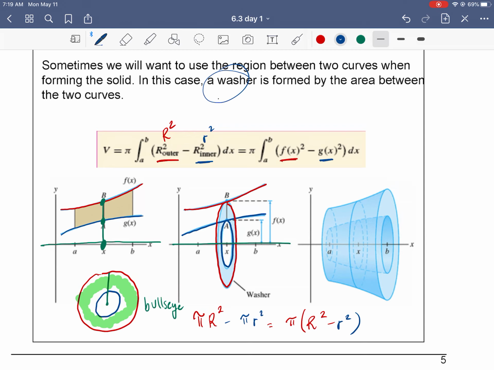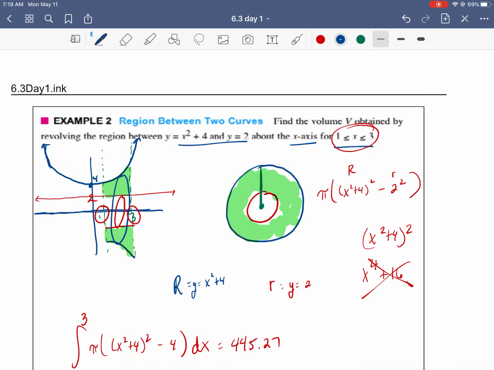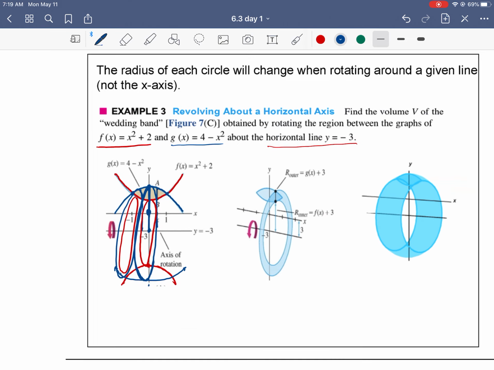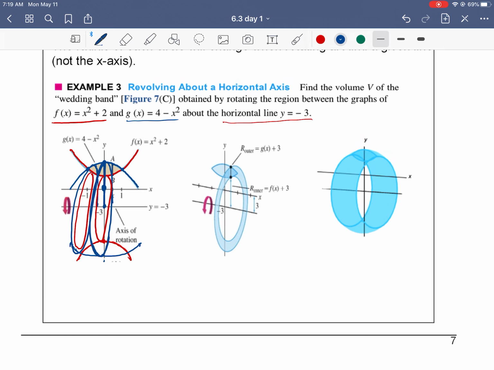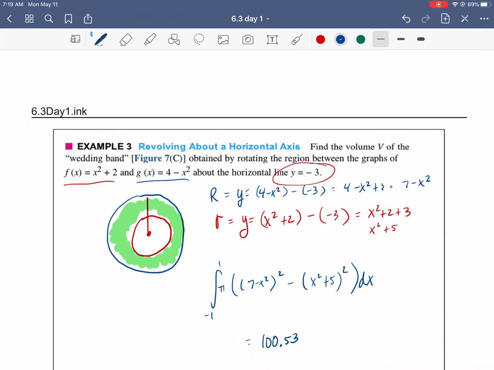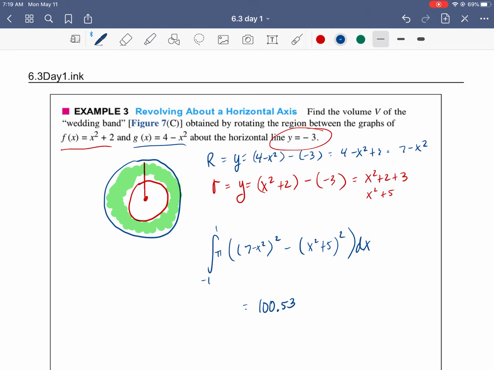We had to subtract big R squared minus little r squared. But the axis of rotation was still the x-axis. And then our final problem was where the axis of rotation shifted and it stretched our radii out. It made our radii larger by 3 units. Okay, so we showed that by adjusting our radius and technically adding 3 to both of the functions.